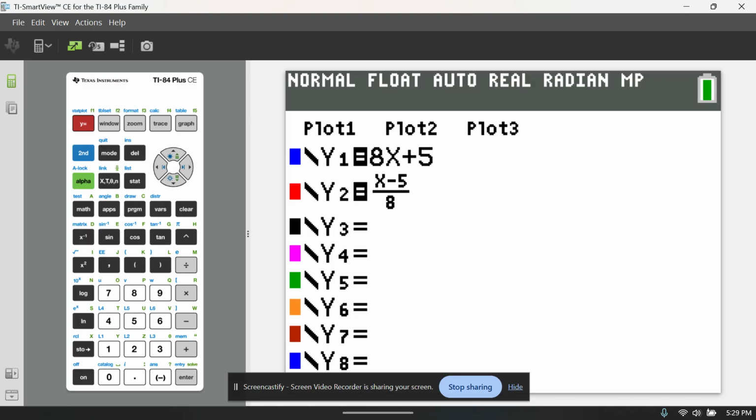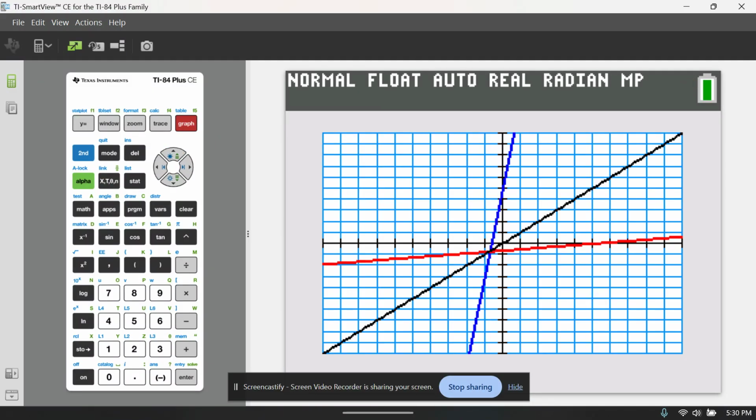Here's the cool thing. I'm going to go down here to y3, and I'm going to put what they were equal to when you did the composition: x. I'll graph that. What is happening here is the graphs of inverses reflect across the y equals x line.